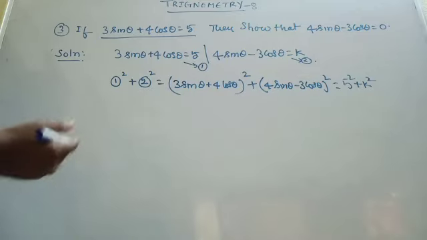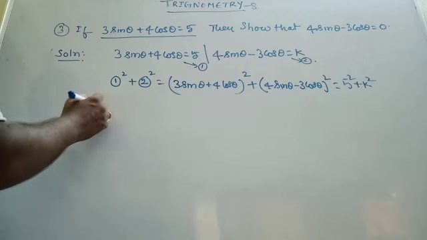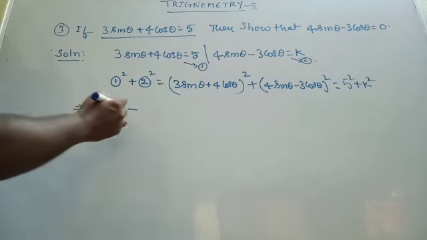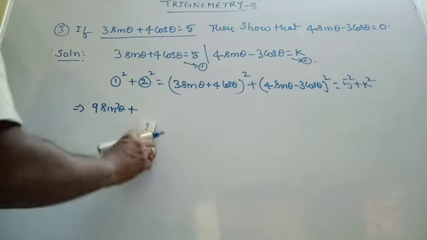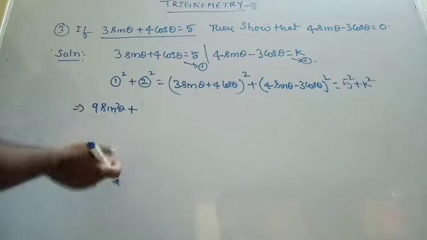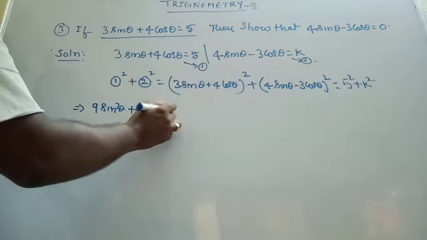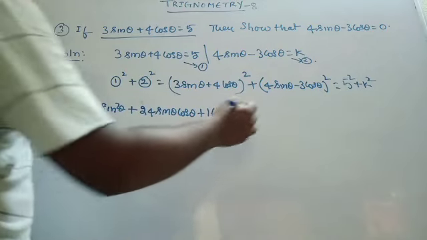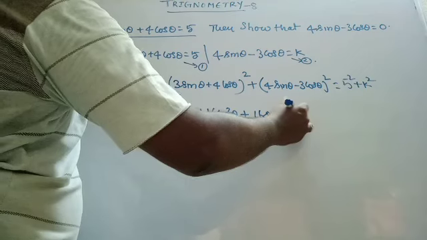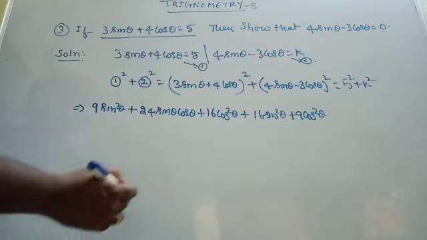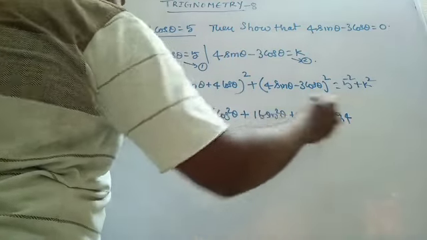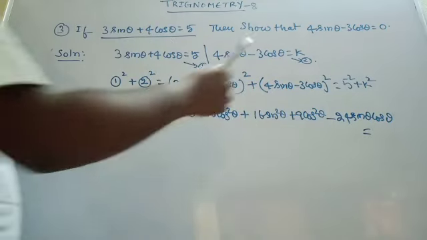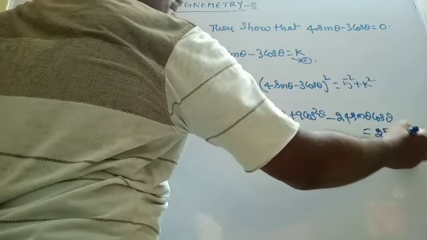Once we do this, my dear students, what we are going to get is 9 sin squared theta, plus, using the (a plus b) whole squared formula, a squared plus 2ab, 2 into 3 into 4, that is 24 sin theta cos theta, plus 16 cos squared theta, plus (4 sin theta minus 3 cos theta) squared, that is 16 sin squared theta, plus 9 cos squared theta, and minus 24 sin theta cos theta, equal to, my dear students, 5 squared plus k squared. That means 25 plus k squared.